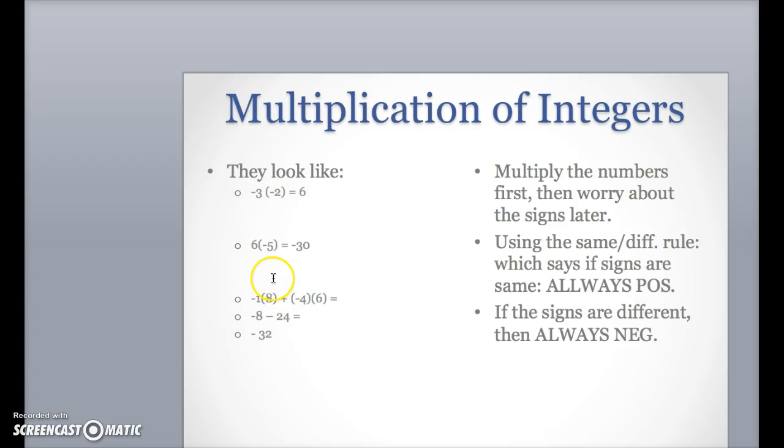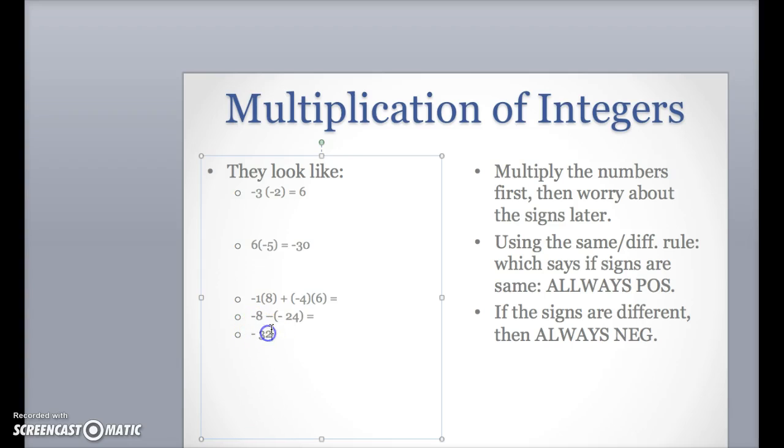So here's a combination of addition, subtraction and multiplication. If I have minus 1 times 8, that's 1 times 8, and it's odd because there's only 1 minus sign, so it's minus 8. And then plus minus 24, basically that's a minus, another minus there, and that becomes a plus because minus minus becomes a plus.